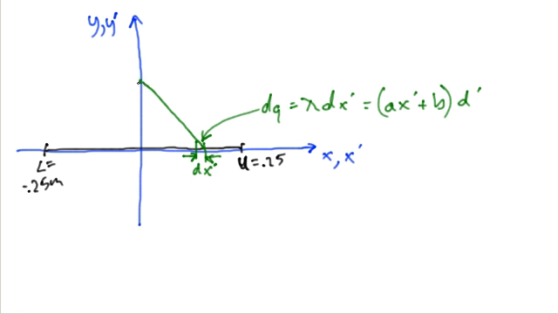I'll say the point at which I'm calculating the potential has coordinates x comma y.